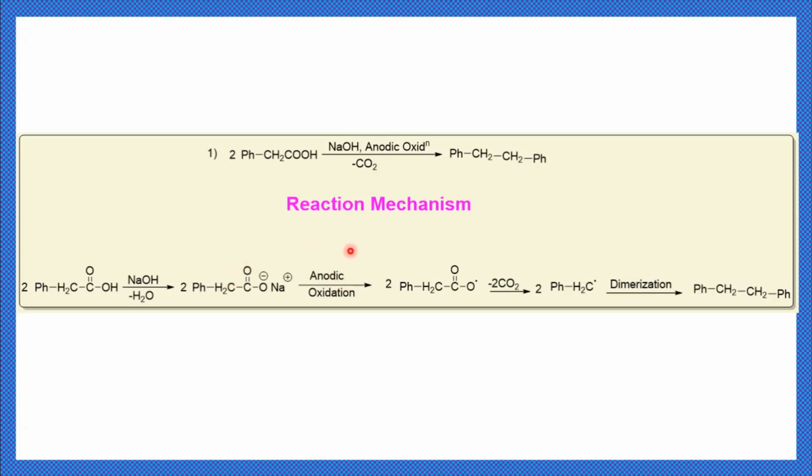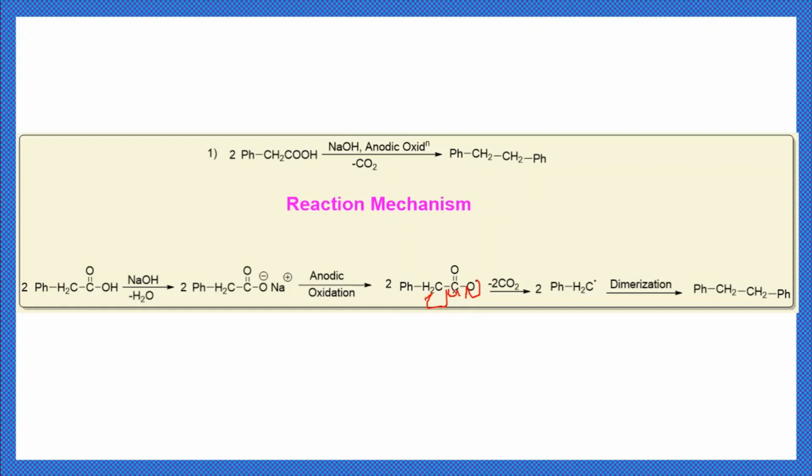When it loses the electron, it converts to a radical. Now this radical undergoes decarboxylation reaction. This radical will shift here, and the breaking of this C-C bond takes place, generating a CH2 radical.